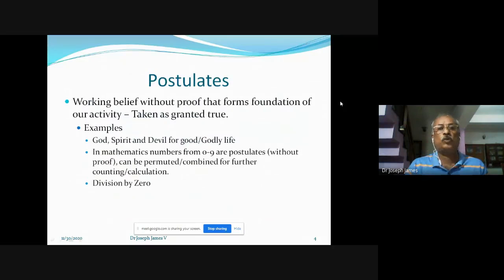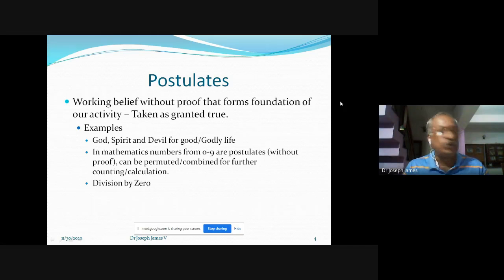Then coming to postulates. Postulates are working beliefs, and usually these are without proof. These form the foundation of our activity. Consider an example: God, Spirit, and Devil. All these are postulates based on which we form our good life or godly life. Similarly, we are familiar with numbers from 0 to 9, and these are mathematical postulates.